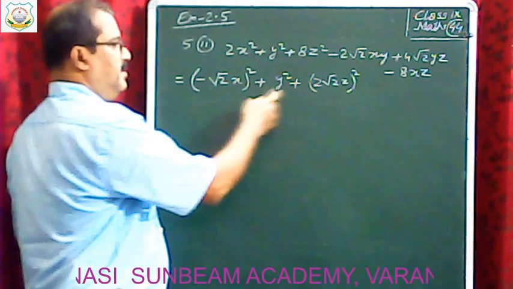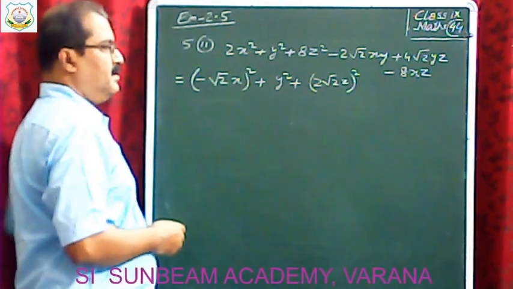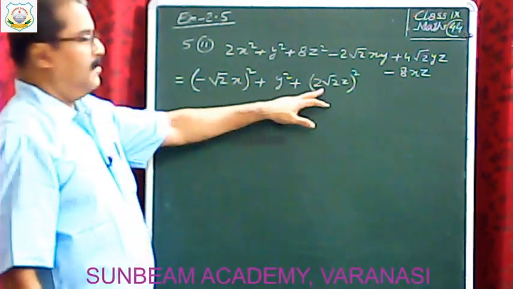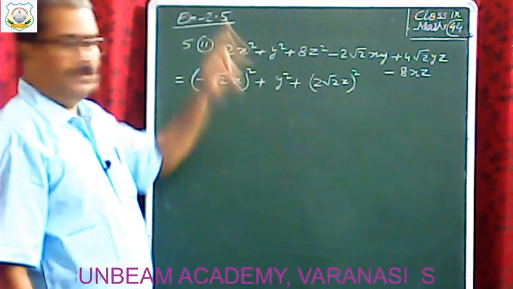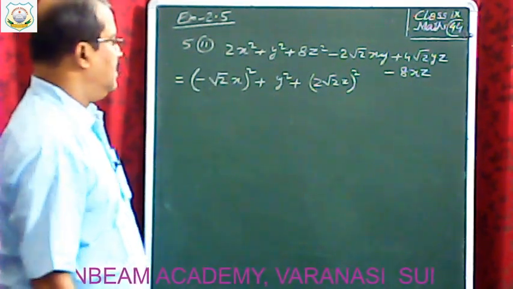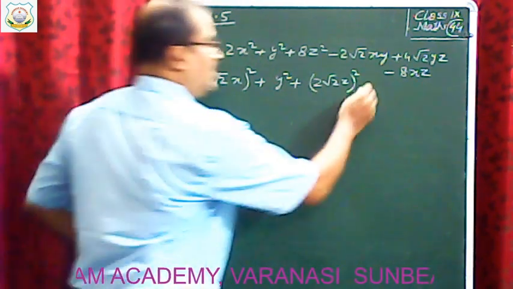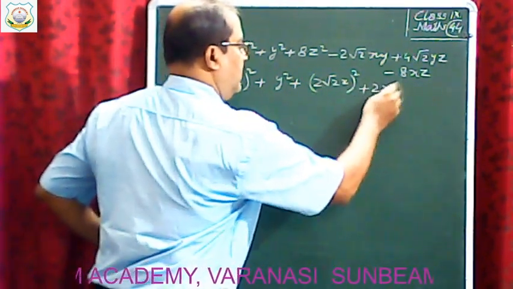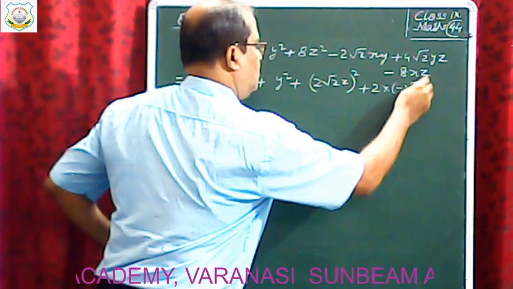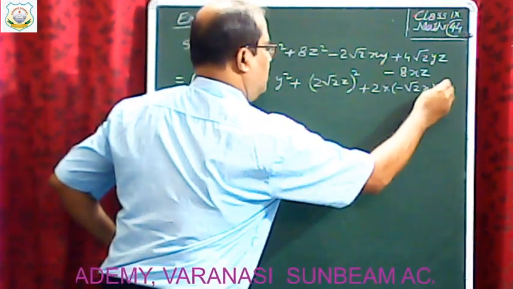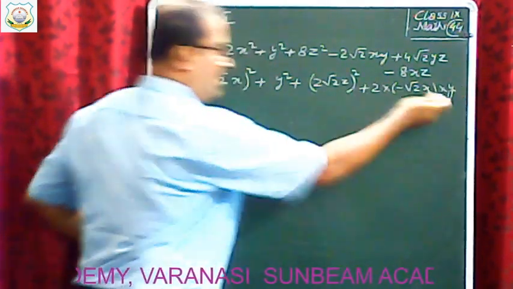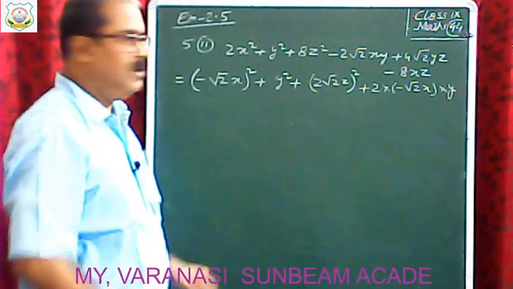We get a, b, c. Part of a is minus root 2 x, part of b is y, part of c is 2 root 2 z. So a square plus b square plus c square plus 2ab. So write plus 2 into a, minus root 2 x, into b. Now find the product and check whether the terms are given in the polynomial or not.